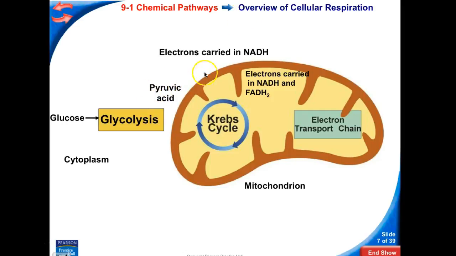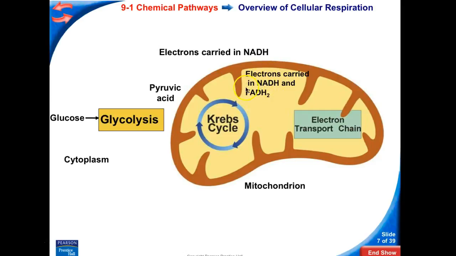And if oxygen is available, pyruvic acid is going to enter into the mitochondria, where you're going to have both the Krebs cycle and the electron transport chain take place. You have heard of the electron transport chain before. You also heard of electron carriers from photosynthesis, except here we're introduced to 2 new electron carrier molecules.